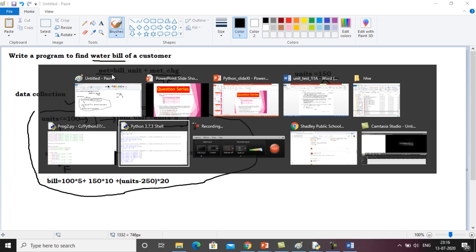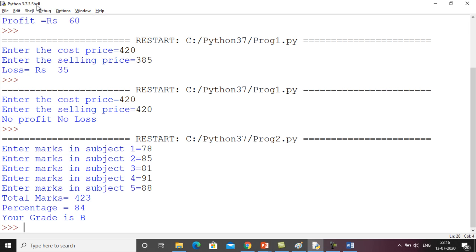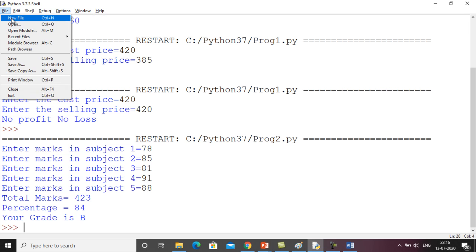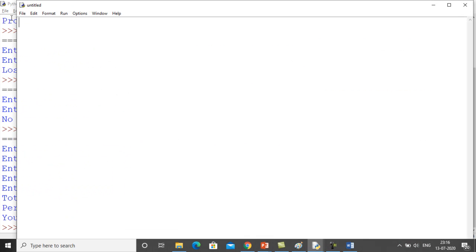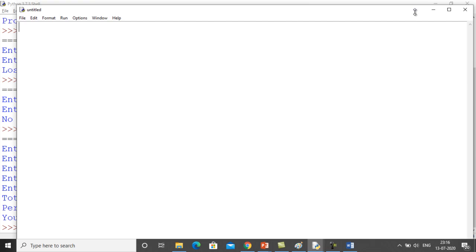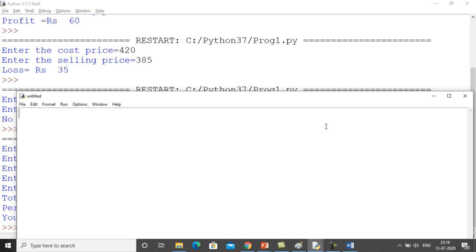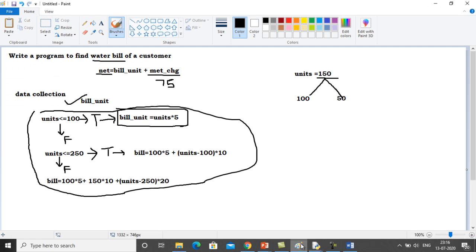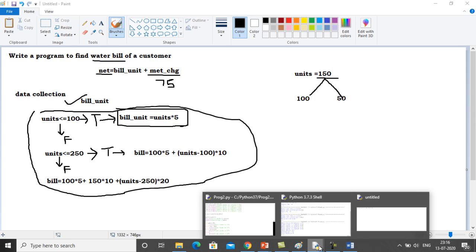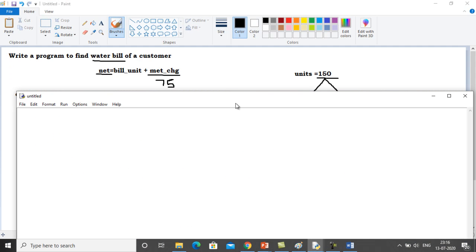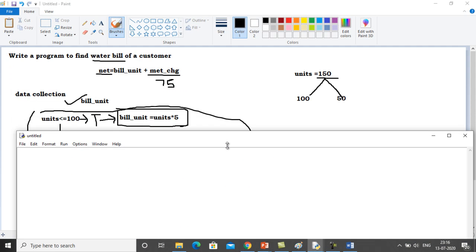Right, so file, new file. Alright, so we will write the program over here, and also I open the logic building section.